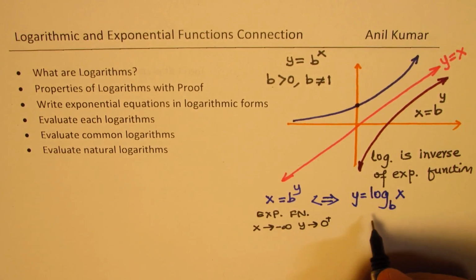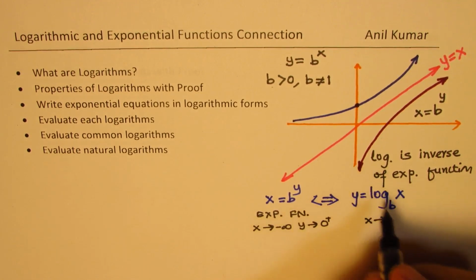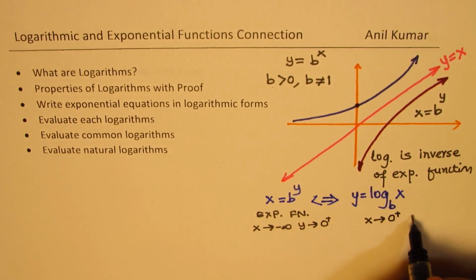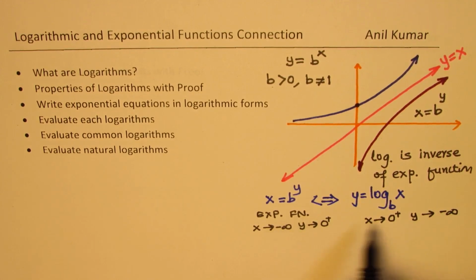For a logarithmic function, when x approaches 0 from the positive side, y approaches negative infinity. So it flips. Do you see that? It just flips, and that is how this end behavior is, right?